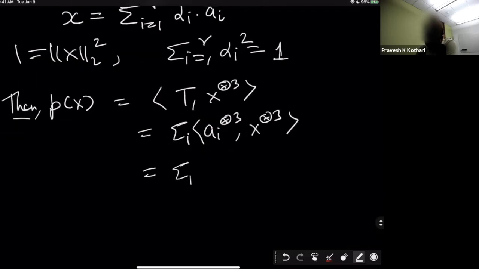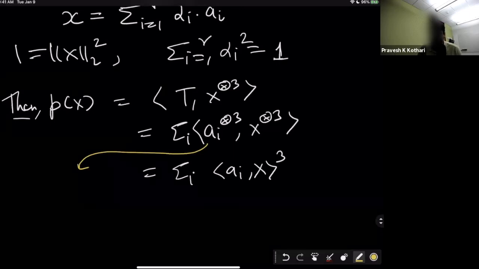And actually, this is equal to the sum of (a_i·x) to the power 3. Now, today I want to be a little bit more cognizant of such things. These tricks, eventually after this lecture, I would expect you to be doing in your sleep. But just for now, let me make sure that you agree with me here. Why is the inner product of a_i tensor 3 with x tensor 3 equal to (a_i·x) cubed? Why is that true?